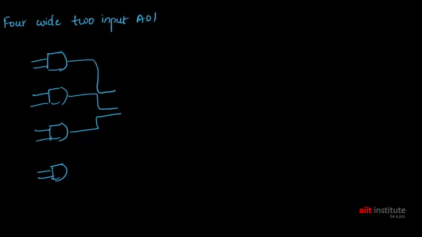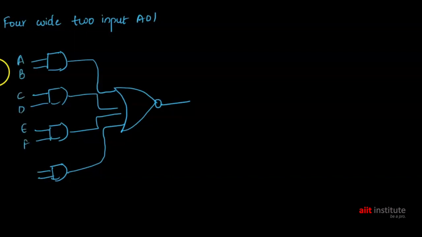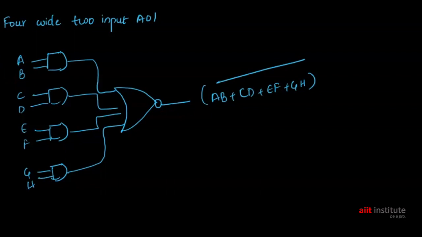Now all these are fed to a NOR. If the inputs are A, B, C, D, E, F, G, H, then the output will be AB plus CD plus EF plus GH whole bar. So this is how these can be represented.